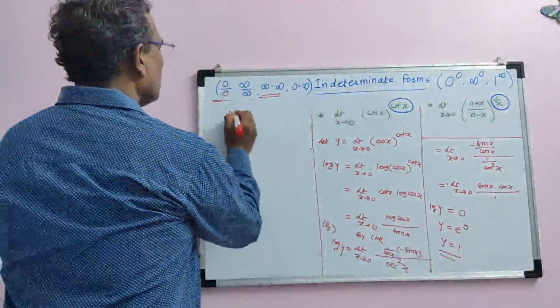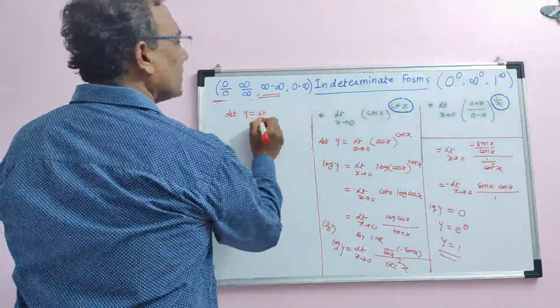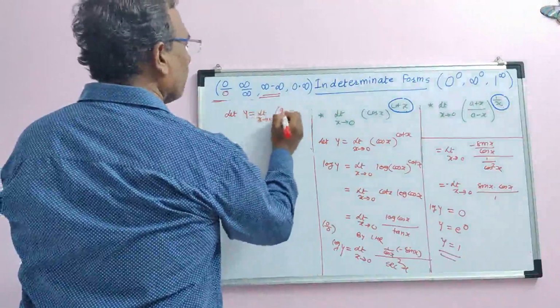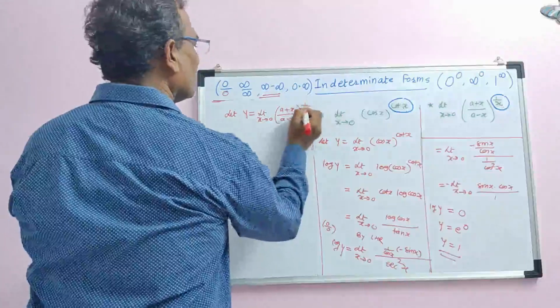Limit, let us denote it by y. Limit x tends to 0, (a plus x by a minus x) power 1 by x.